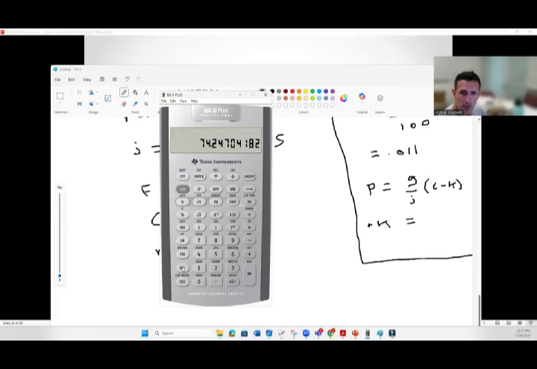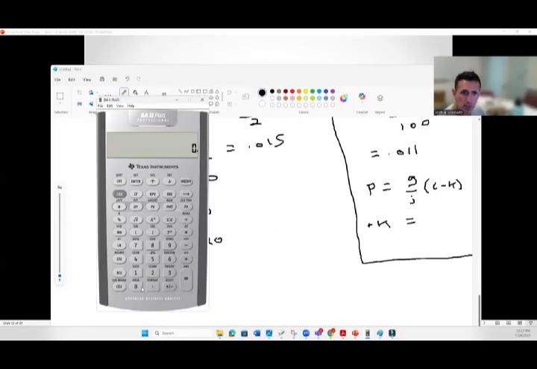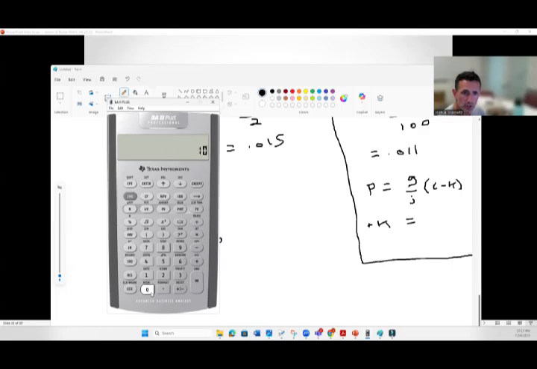So that's G over J, 0.015, times parentheses C, 100, minus K. 93.1325.